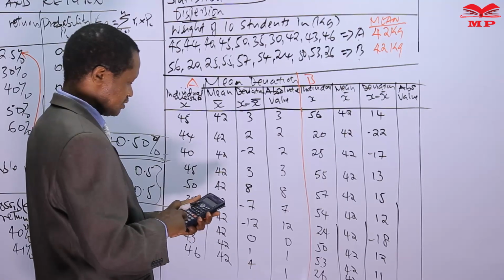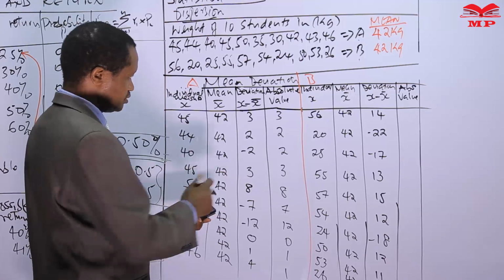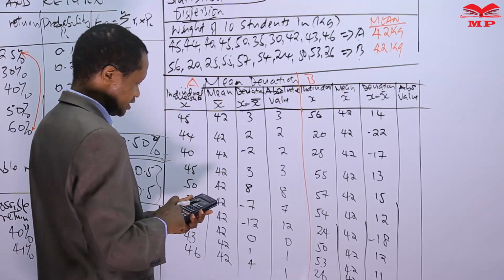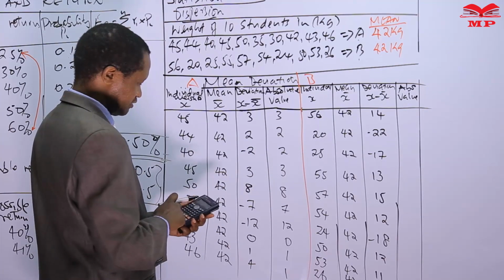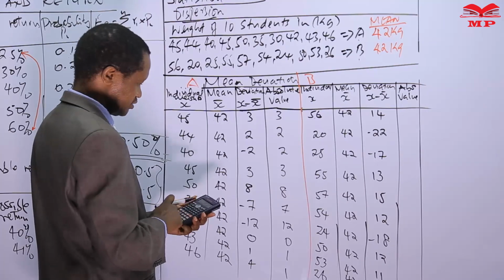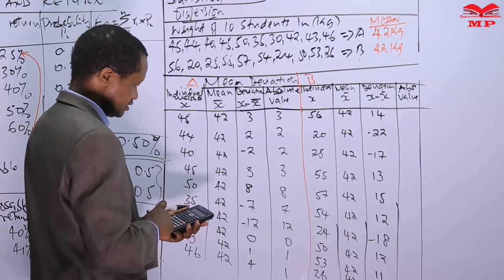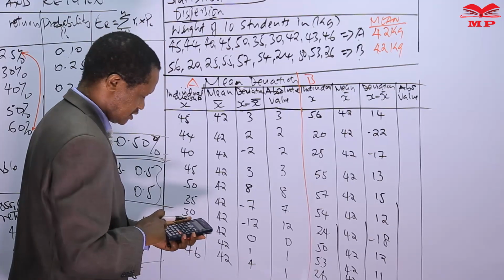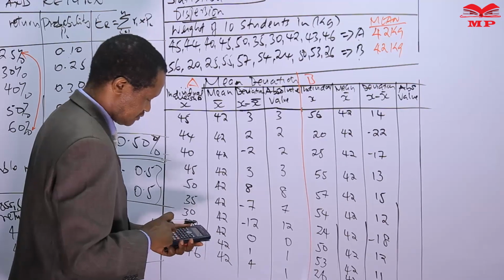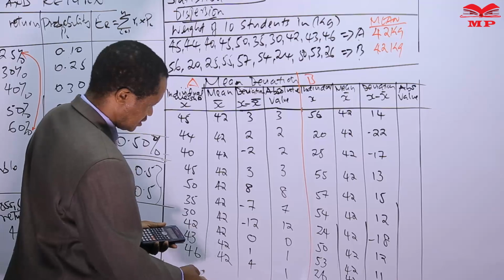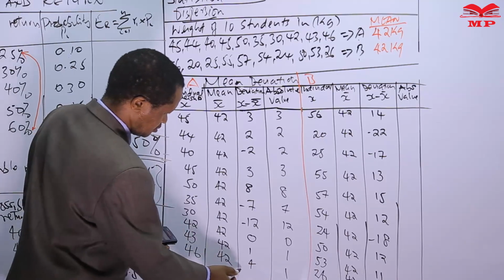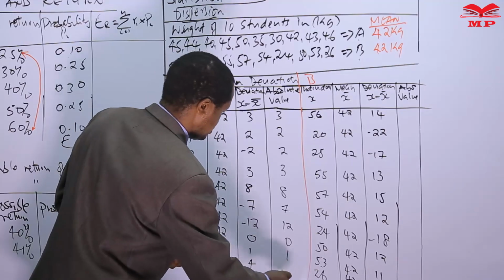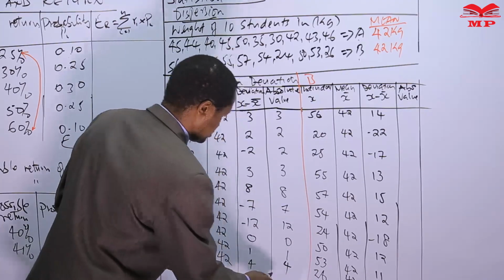We take 3 plus 2 plus 2 plus 3 plus 3 plus 8 plus 7 plus 12 plus 0 plus 1 plus 4. This last deviation is supposed to be 4, it is 4 and not 1.